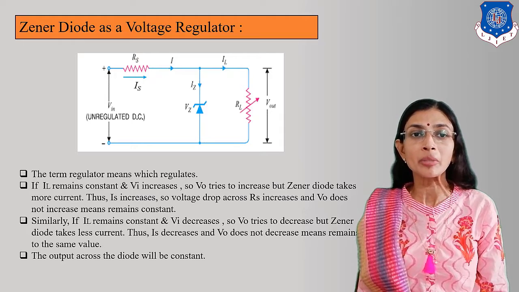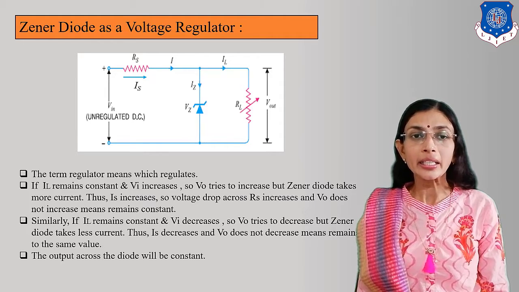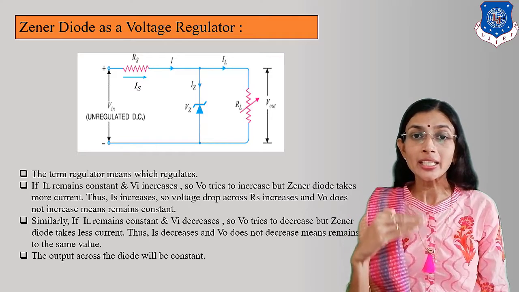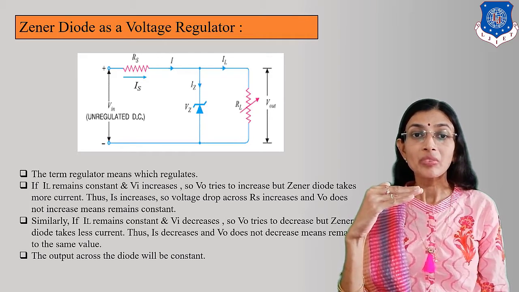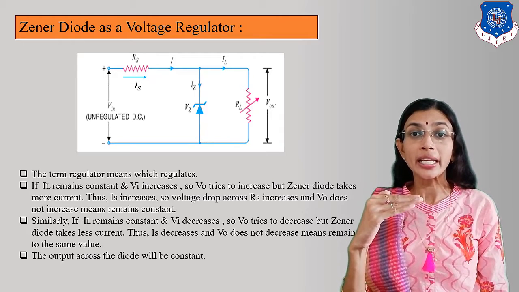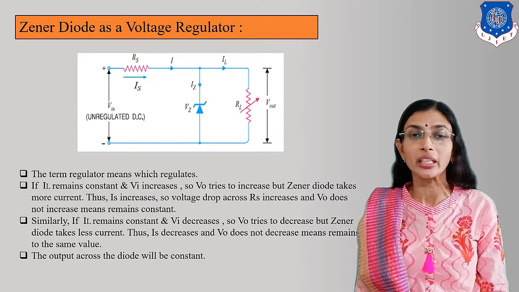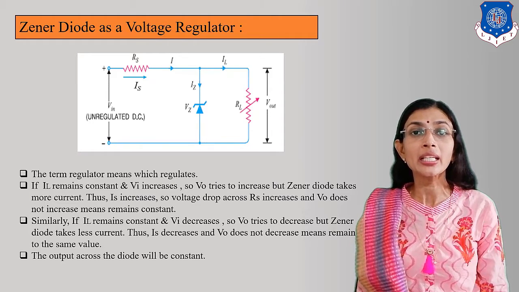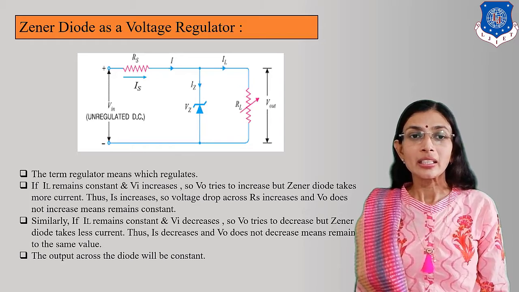If IL remains constant and VI increases, that means VO tries to increase, but Zener diode takes more current and therefore the voltage drop across RS increases, so that VO does not increase, that means VO remains constant.